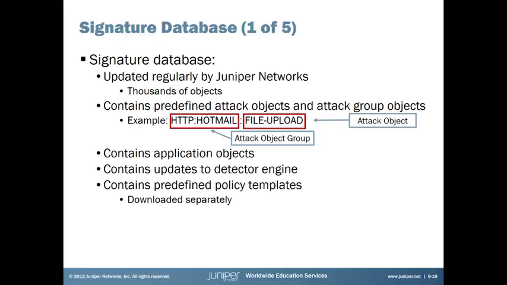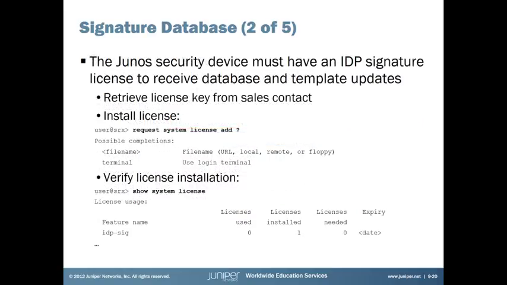Within each of these descriptions, there is a whole list of things underneath that describe what the attack is, and the recommended action for that particular type of attack. It contains attack objects, updates to the detector engine, and predefined policy templates, which we download separately. We'll take a look at how to do that shortly.